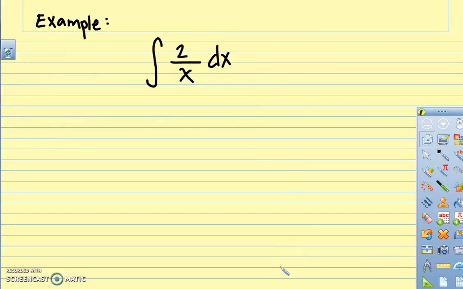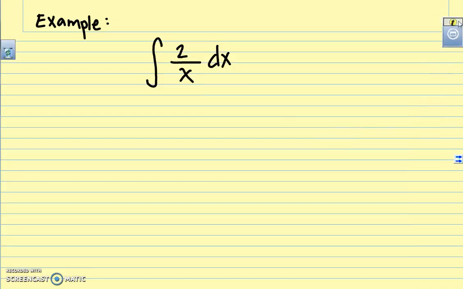So let's start off with this problem. We have the integral of 2 over x dx. So first thing, what not to do.